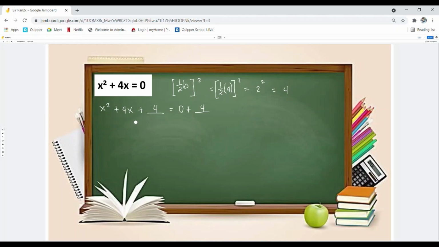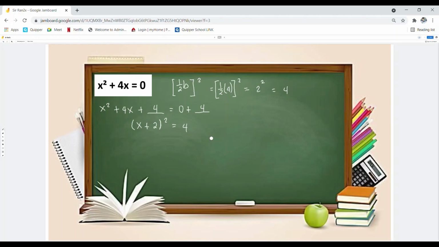How to write the binomial from that? In a short method, just get the square root of your first term, which is x squared, so that's x, and then the square root of your third term, which is 4, so you have 2. Then you copy the sign of the second term. So you have now your square of binomial, which is the same as x squared plus 4x plus 4, equal to 0 plus 4, which is 4.